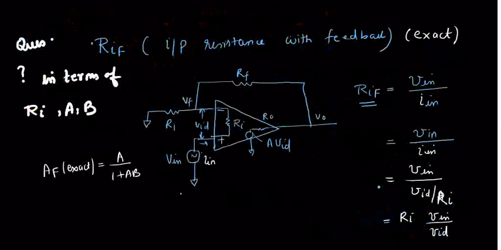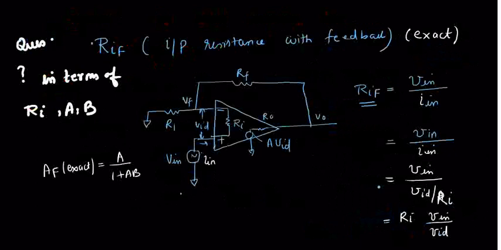What is the current going through it when we apply some voltage? Voltage divided by I. This is how we find the input resistance. We don't care about the internal block, right? So first, with open loop, we have seen this. We have derived Ri, something like 2 beta, I don't remember.